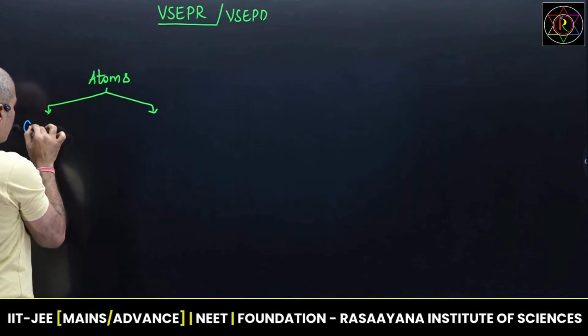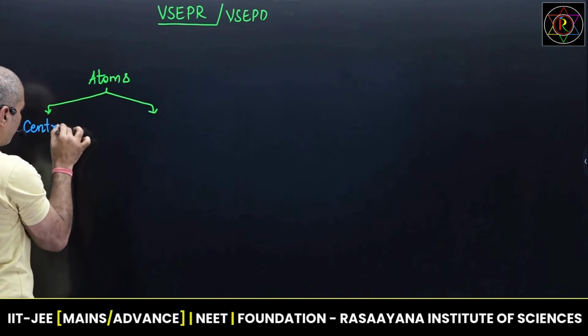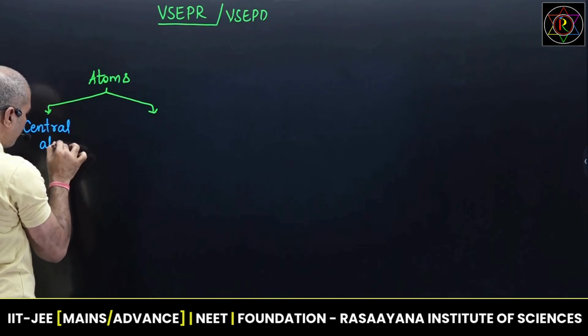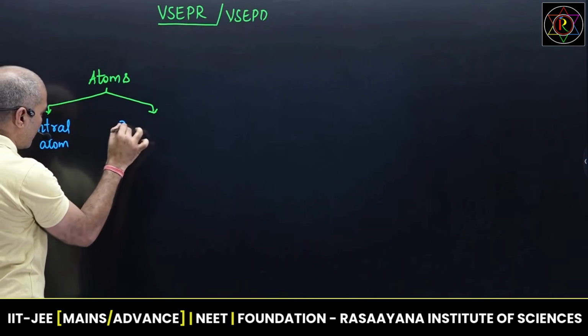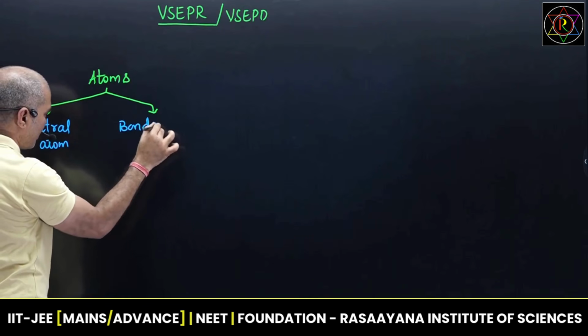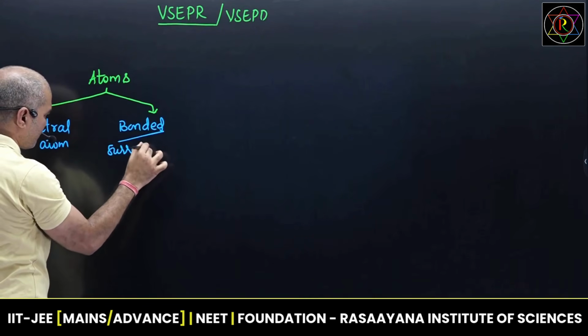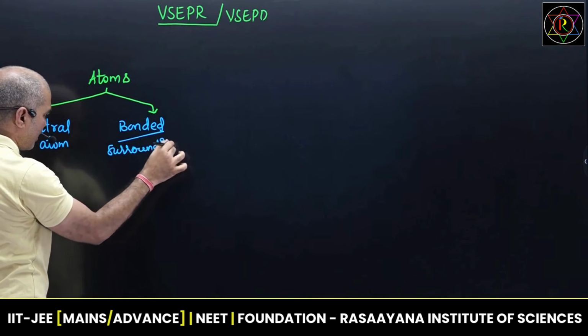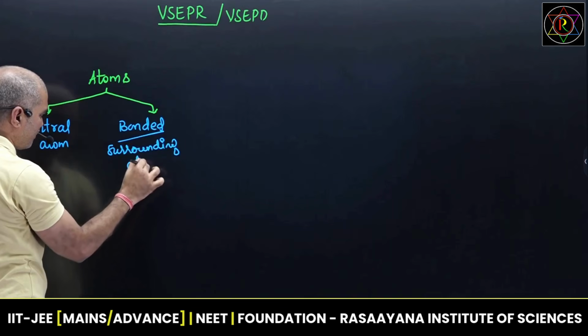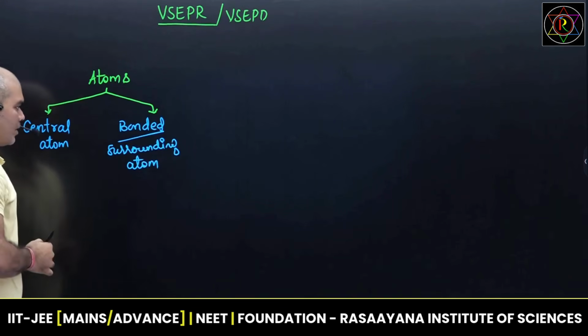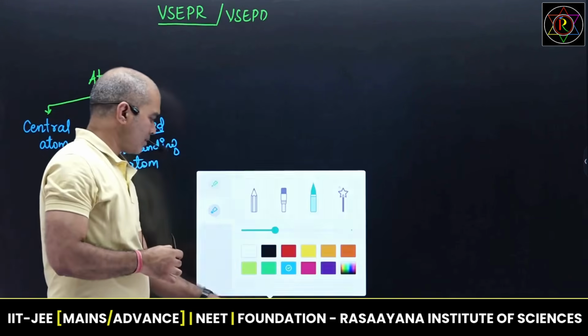One I am calling the central atom. The other I am calling a bonded atom or a surrounding atom. This is with respect to the atoms.